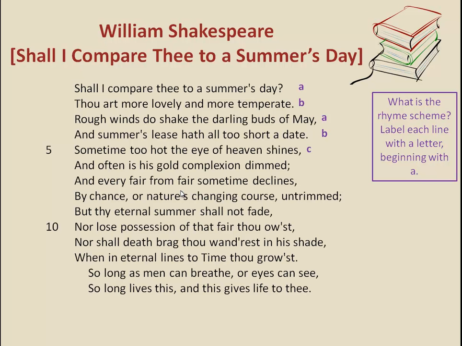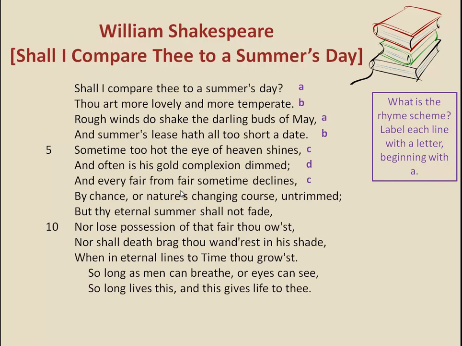May? Nope. Dimmed is a new line that does not rhyme with any of the previous, so we give it a new letter, a D. Declines. Well, that rhymes with shines. So again, we're going to recognize that those rhyme by giving them the same letter, a C.